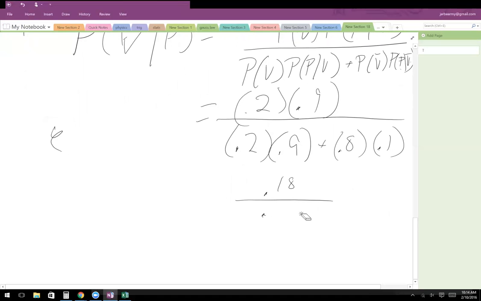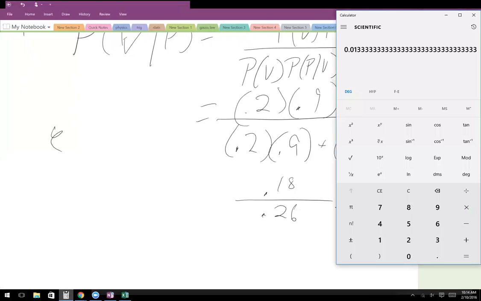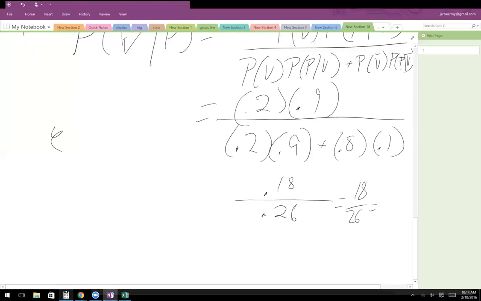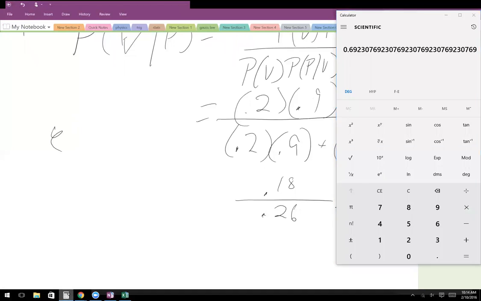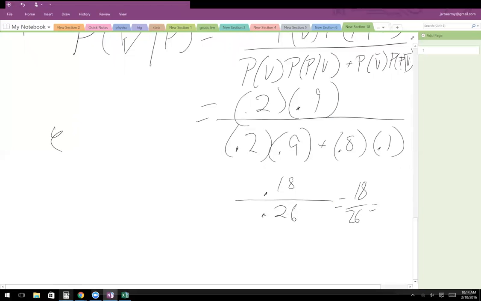0.26. So 18 over 26 is, according to my calculator, 69.23. Yeah.